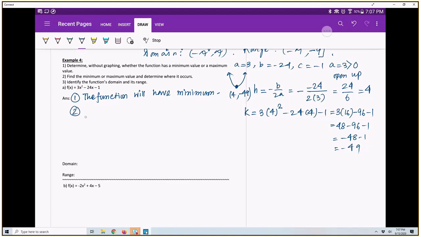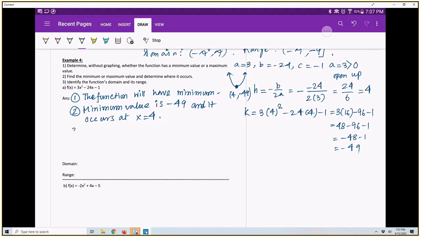I know it is a minimum already, and I will say the minimum value is the y value of the vertex. So the minimum value is negative 49, and where does it occur? It occurs at x equal to 4, the x value of the vertex. Identify the function's domain.